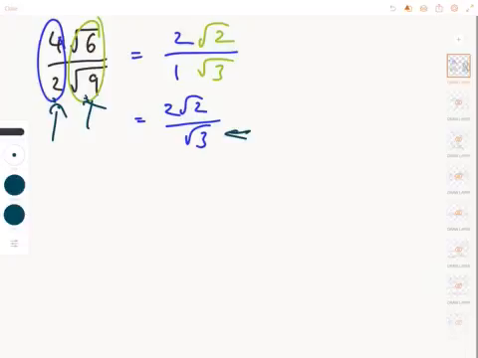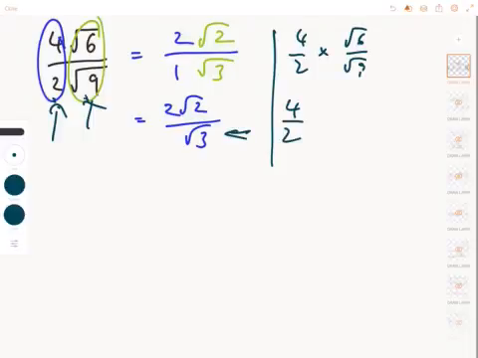As a side note, you can think of it as 4 on 2 multiplied by root 6 on root 9. That's the same as 4 on 2, which can simplify, by root 6 on 9, from the rules. And 6 on 9 you can simplify, like we saw, to 2 on 3. But that's going to be your answer for that.